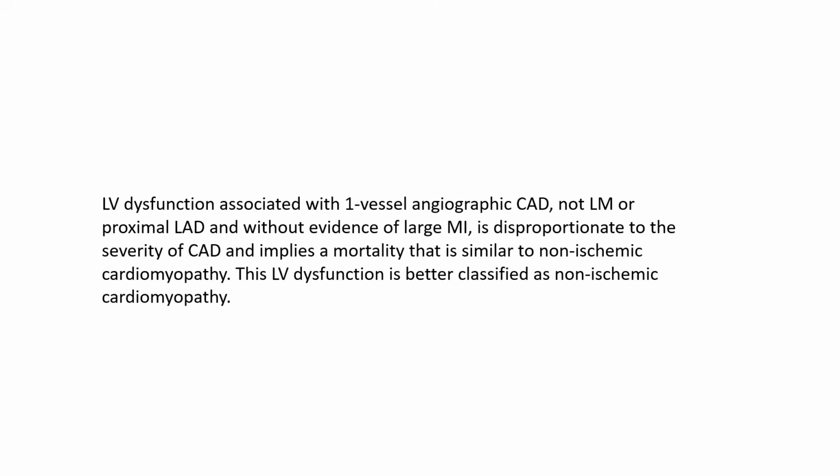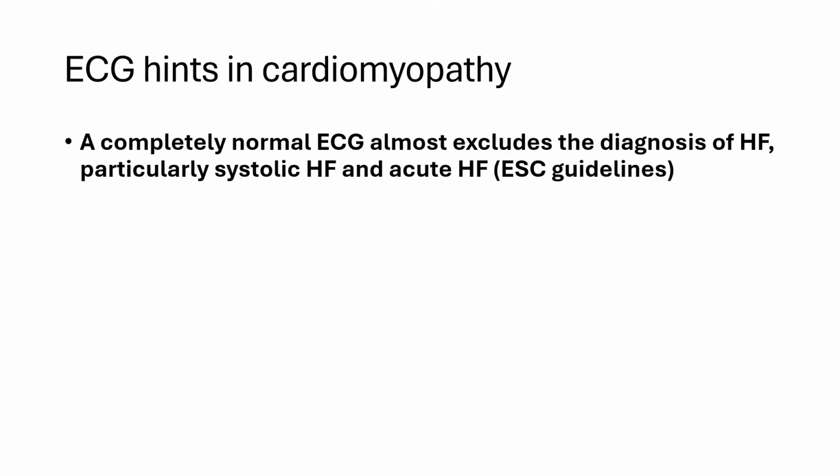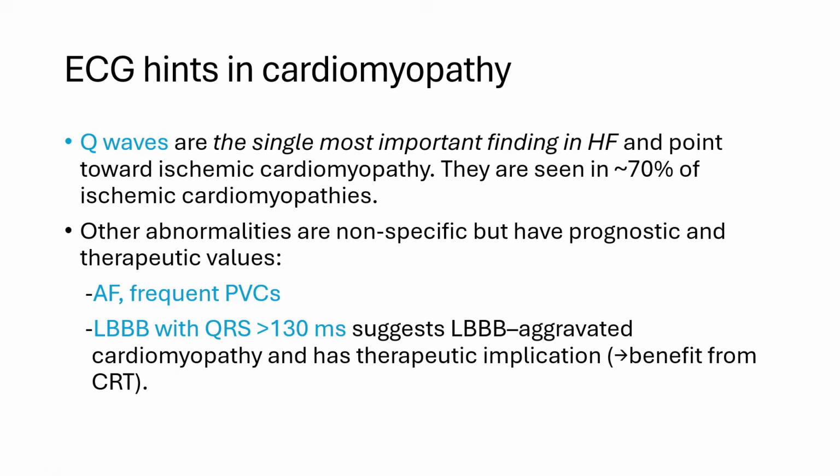Ischemic cardiomyopathy is defined typically by coronary angiography, but there are hints to it non-invasively, such as EKG. Whenever you look at an EKG of a heart failure patient, Q waves are the single most important feature you should look for. Q waves are seen in 70% of ischemic cardiomyopathy, so you may have ischemic cardiomyopathy without Q waves, and Q waves do not mean irreversible dysfunction.